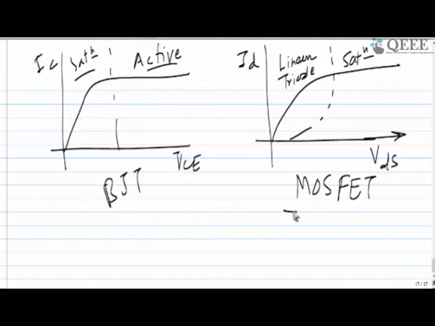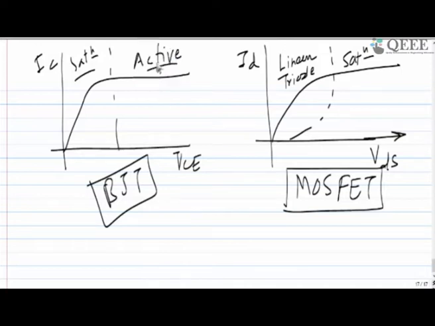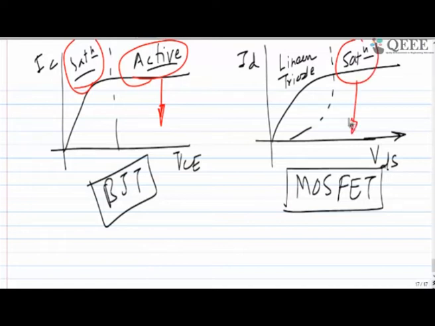So even in company interviews or many places, people try to confuse students by asking this question: saturation mode of operation in BJT is like linear mode of operation in MOSFET, whereas active in BJT is similar to saturation in MOSFET.